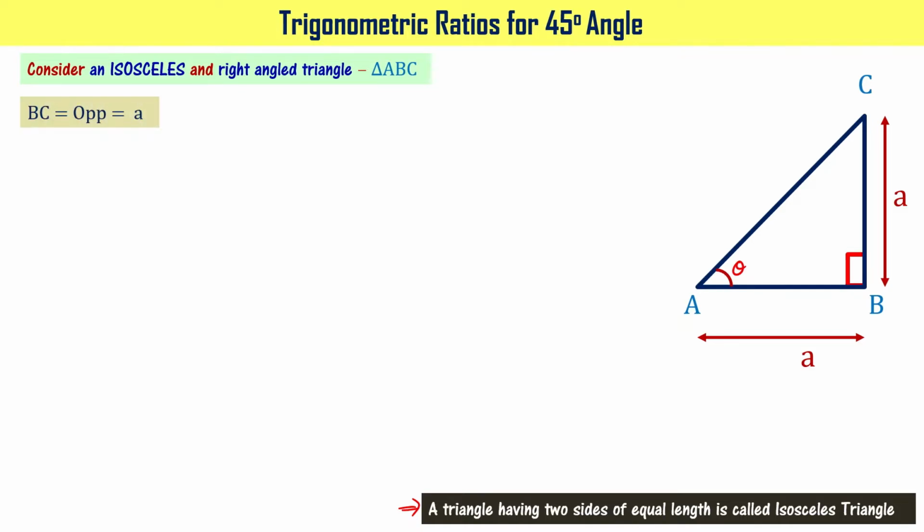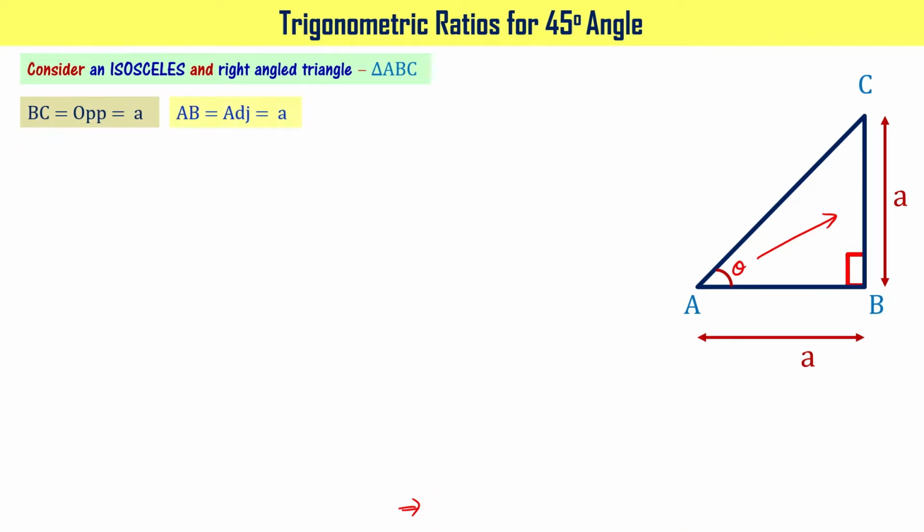BC is the opposite side, right? Because that is opposite to angle theta here, and its length is A units, and AB is the adjacent side to angle theta, right? Its length is also A units, and hypotenuse is AC, right? But here we don't know what is its length, right?